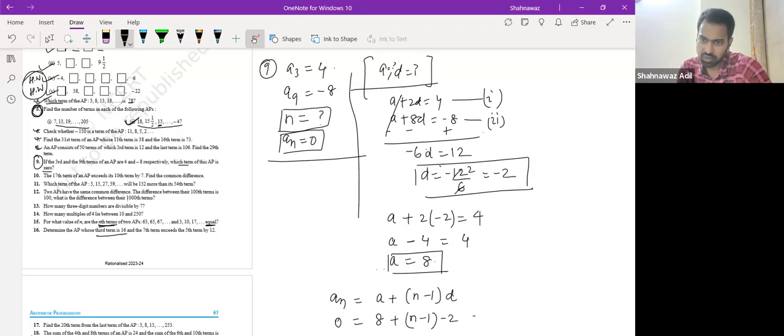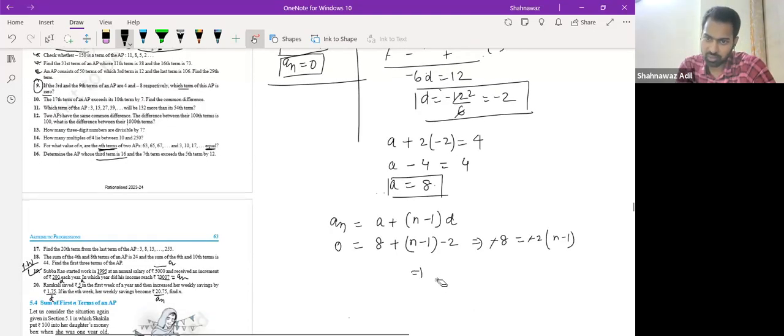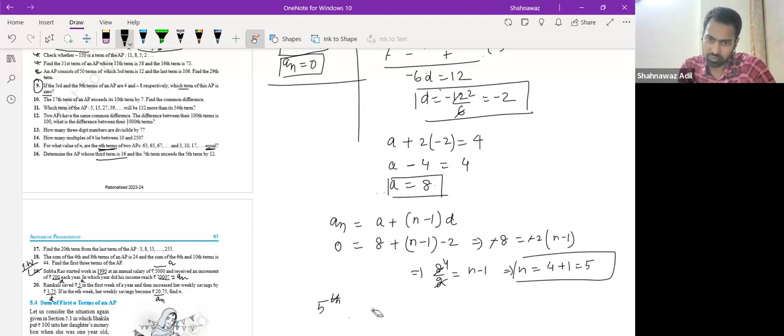So this 8 goes to the left hand side: -8 equals -2 into n minus 1. So minus minus cancels, and we have 8 by 2 equals n minus 1. So 4. So n is 4 plus 1, which is 5. So the fifth term is 0.